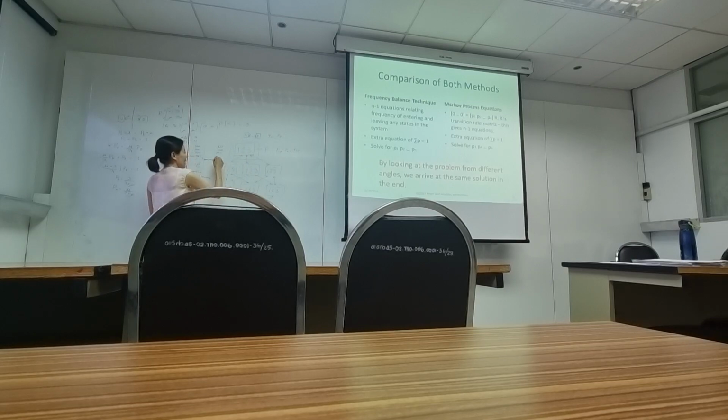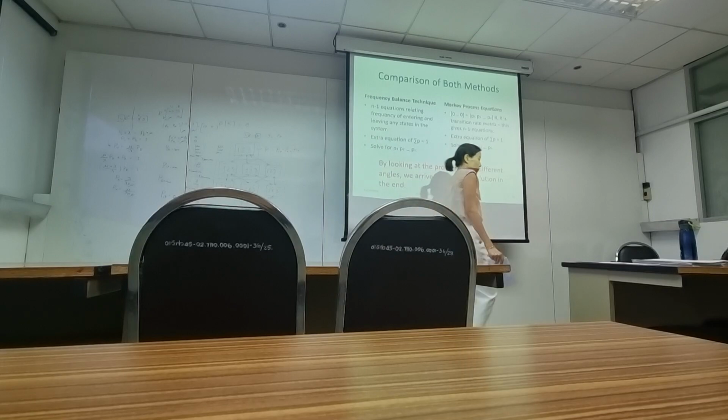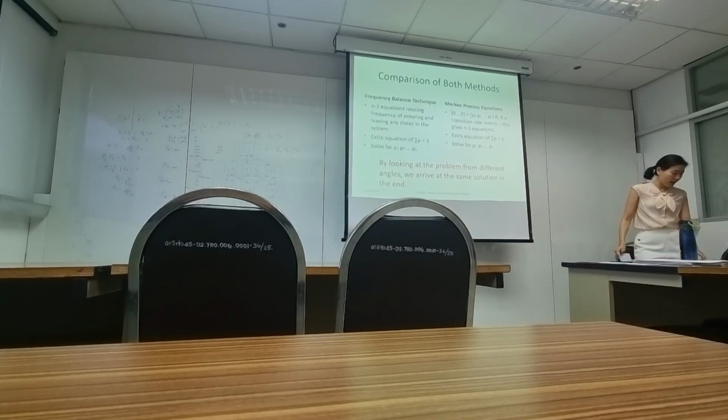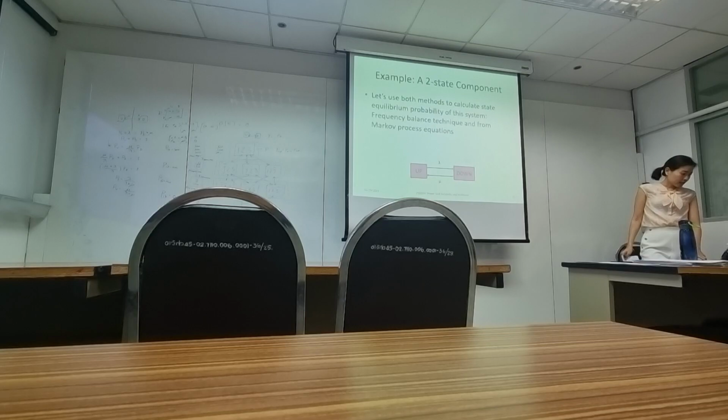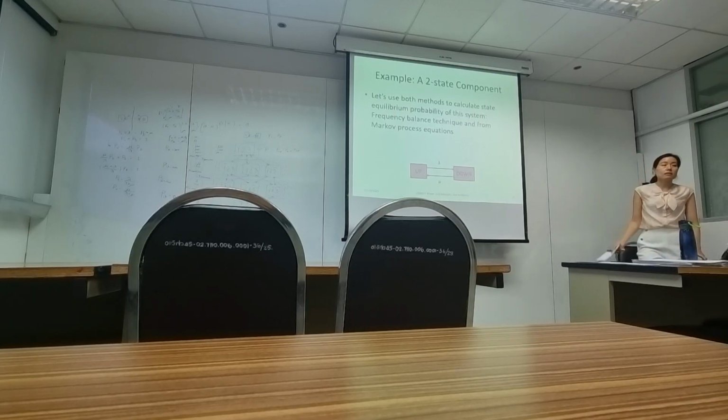You have this one state, second cluster, that we call it, and then 3. Okay, so in this case we have four states that we wanted to combine. So this is the example of a two-state component that we can calculate with the frequency balance technique and use the Markov equations, which is the state space approach, to calculate the probability.